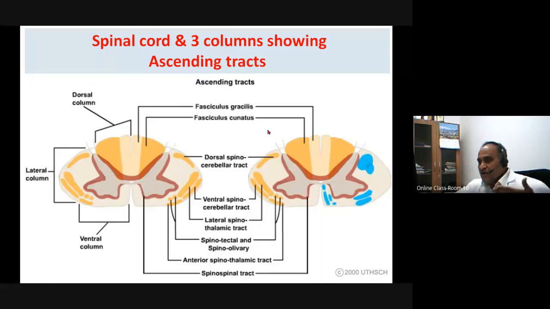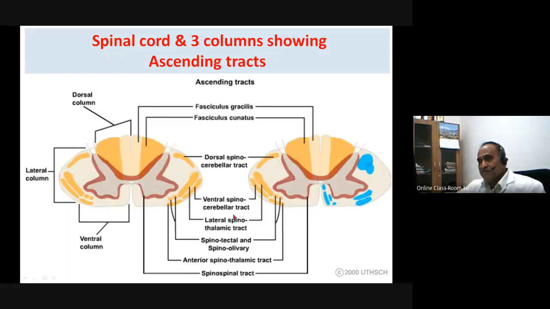Okay, so now we have some tracts which carry the information from the spinal cord to the midbrain or upper pontine areas, the spinotectal and spino-olivary tracts.